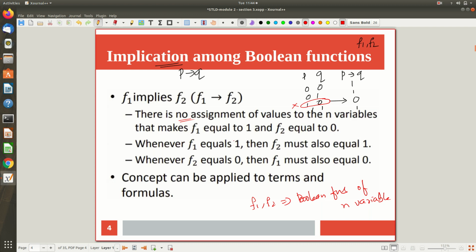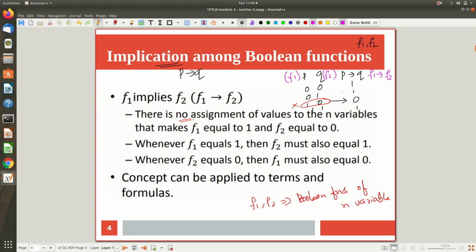Okay, fine. Now another way of interpreting it is whenever F1 equals 1. Here, instead of P and Q, I am writing F1 for P and F2 for Q, and equivalently F1 implies F2. P and Q are the propositional variables, which I related to what you know already, but here it is Boolean functions F1 and F2.